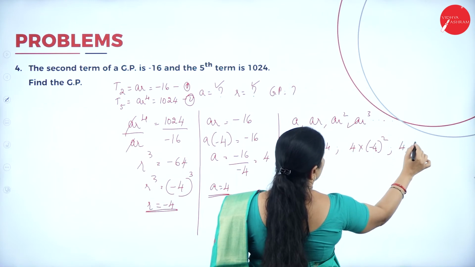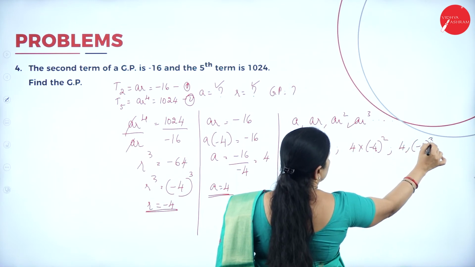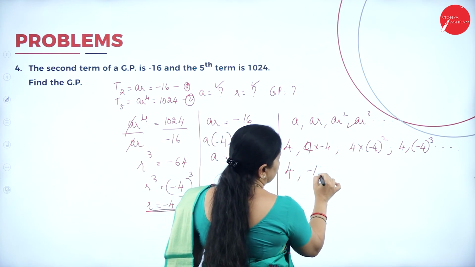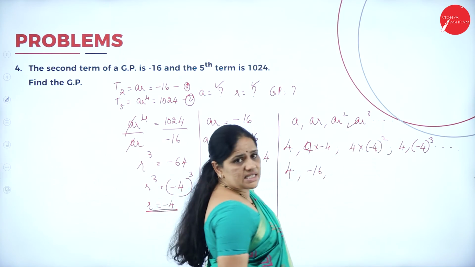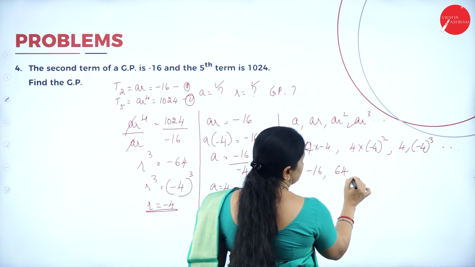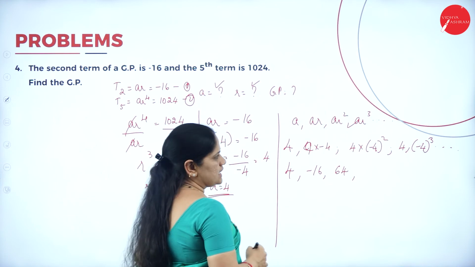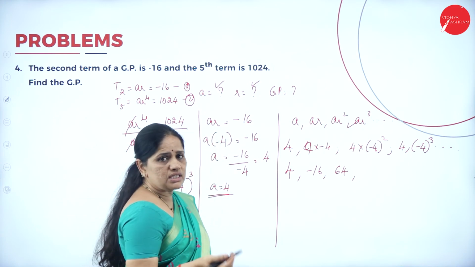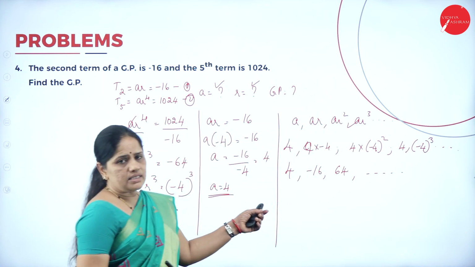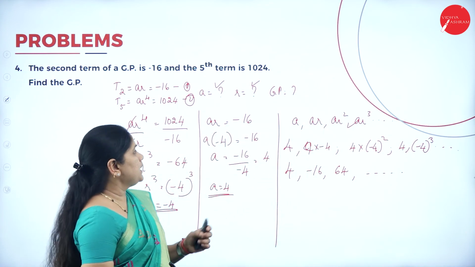Then again 4 into minus 4 the whole cube. So 4 4s are minus 16. 4 square is 16. 16 into 4 is 64. So that will be positive. Then 4 4s are 16. 16 into 4 is 64. 64 into 4 and so on. We get the answer. So this is the GP here.